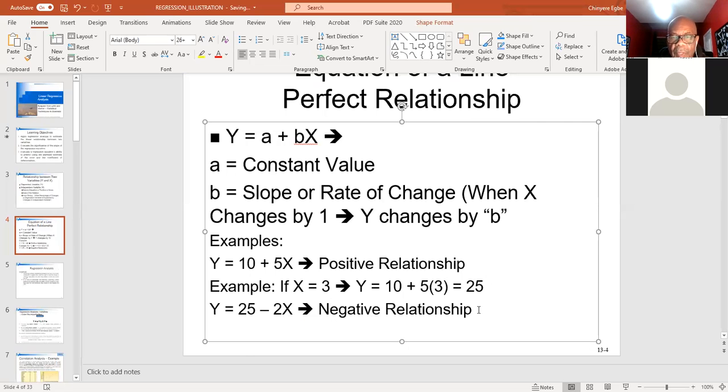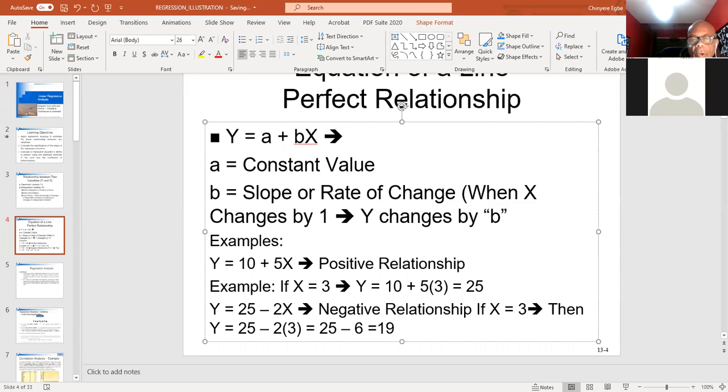So for example, if x equals 3, then y equals 25 minus 2 times 3, which is equal to 25 minus 6, which is equal to 19.